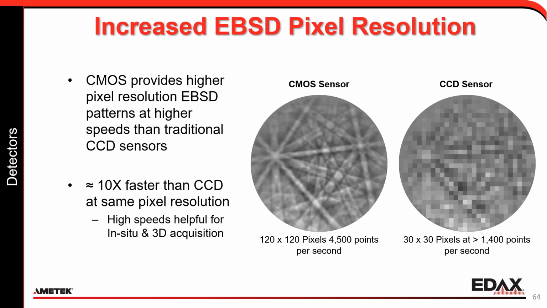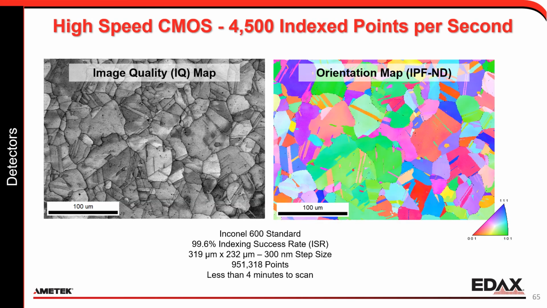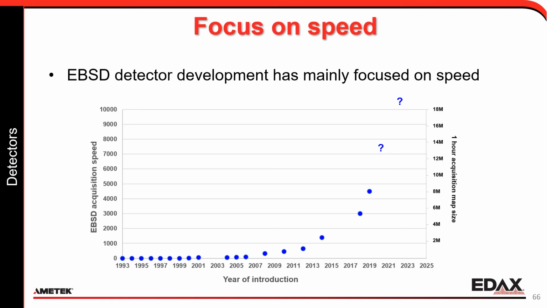It doesn't have the on-sensor binning that we had with the CCD, but CCD sensors are disappearing as CMOS has taken over the market due to its effectiveness and, frankly, our phone cameras. But that gets us so far. We can do really fast scanning. You can see here a 1 million point scan in less than 4 minutes, which is just remarkable compared to where we started. But it's been a focus on speed.